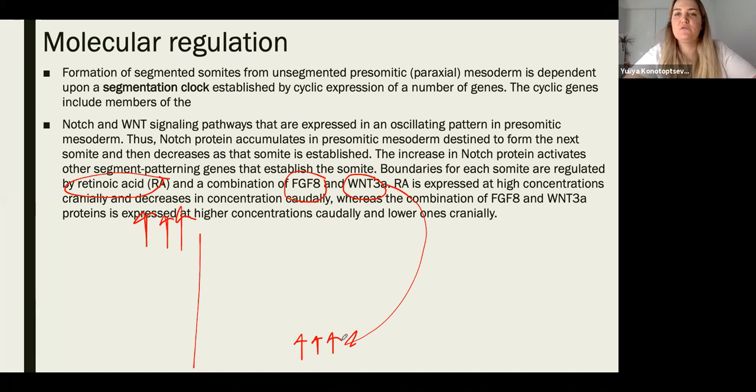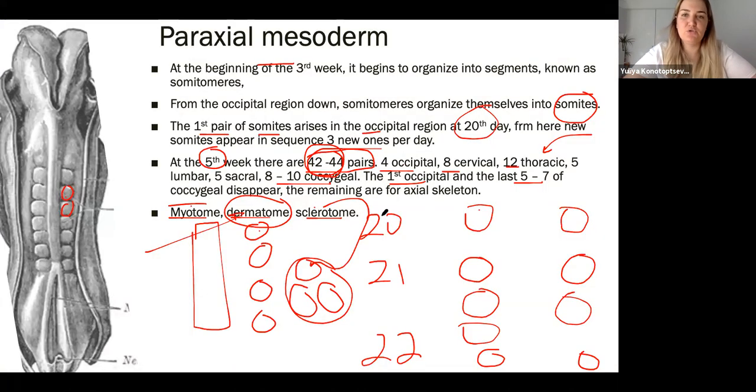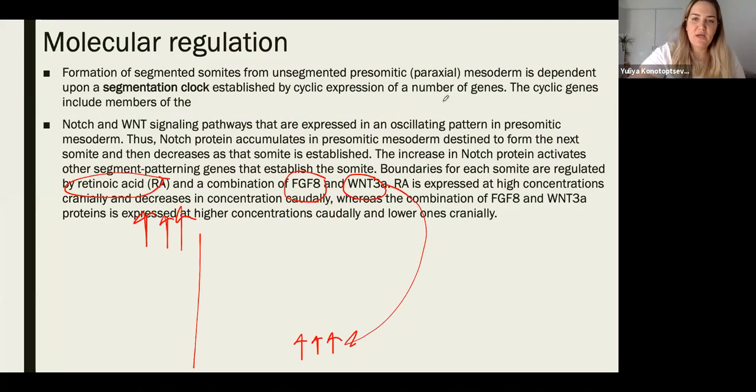This is important for creating somites, because do you see somites, they start in occipital region and they're going to the caudal region, right? So the pairs appear towards the tail. Why? FGF8 attracts them. So you're going to see that retinoic acid causes the cranial area of the paraxial mesoderm somites, while FGF8 the caudal.